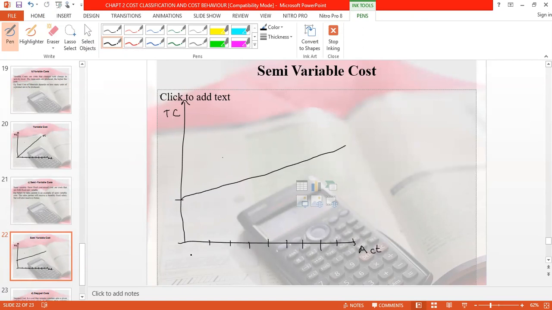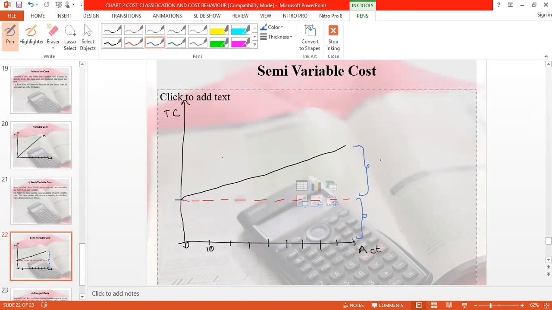Semi-variable. So up to here, regardless of the number of units you produce, there is a minimum here. This minimum becomes the fixed. So this amount here is the fixed, and this amount there is the variable cost.